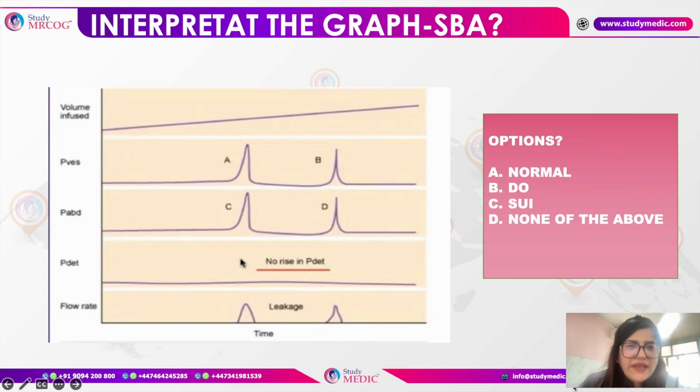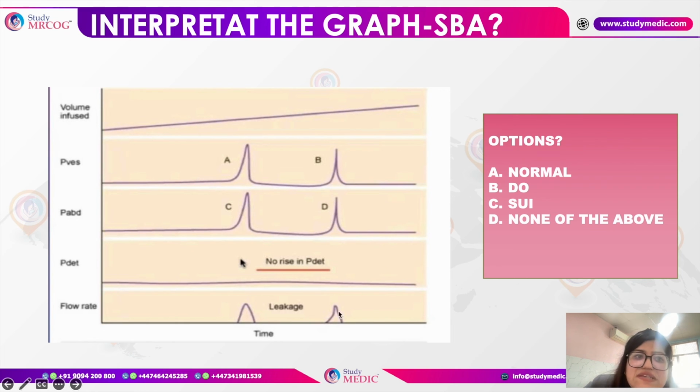Then moving over to the next graph. So here you can see that when the P vesical is rising, P abdominal is also rising. When the P abdominal is rising, P vesical is also rising, but there is no rise in detrusor. So this is absolutely normal. This is what should happen. However, with the rise in P vesical, there is leakage, which should not happen.